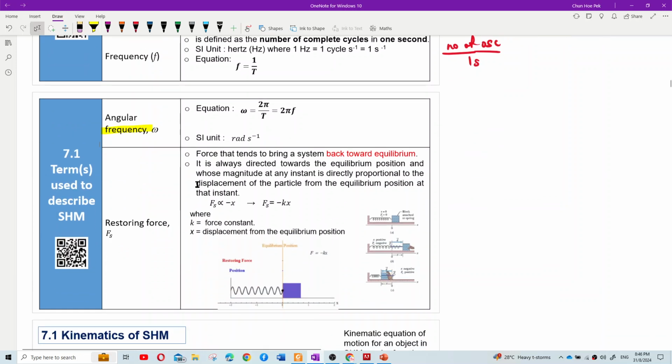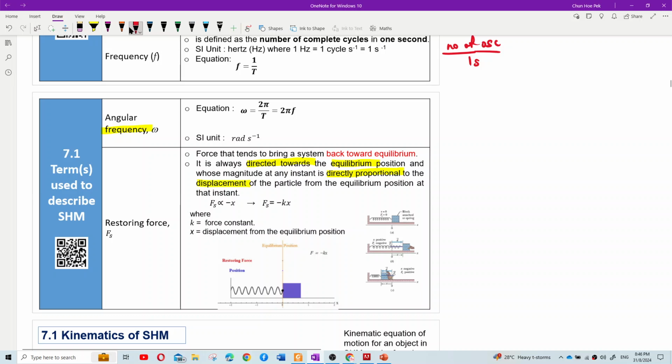Restoring force. What is restoring force? A force that tends to bring the system back toward equilibrium. See that? Back toward equilibrium. It can be a force by the spring or by gravity. It is always directed towards the equilibrium. See? Always directed towards where? Towards equilibrium, because we want to bring it back to equilibrium. And it's directly proportional to the displacement at that instant. Like F equal to negative kx, the force in the spring. x is the extension or compression.